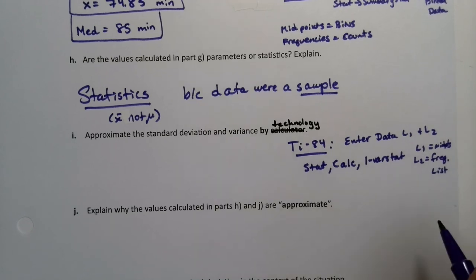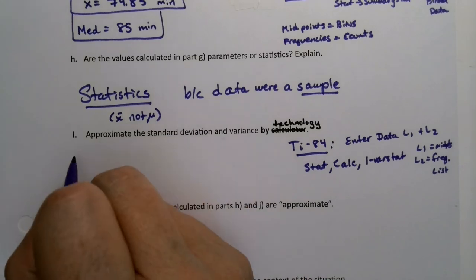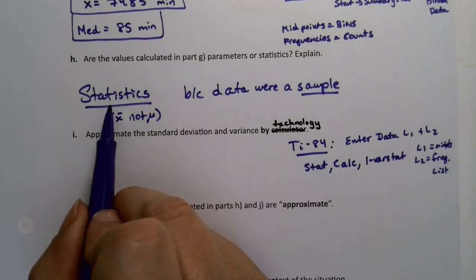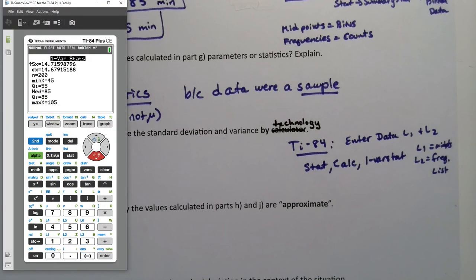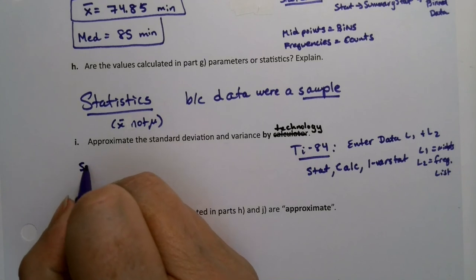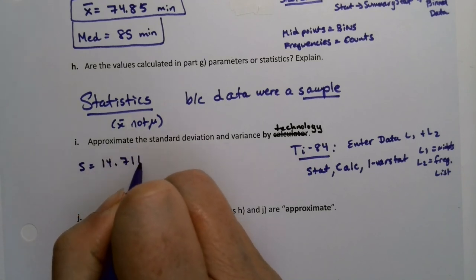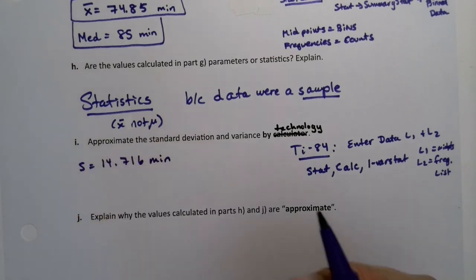And then away you have it, okay? So the standard deviation, well, we just said they were statistics. So when you want statistics, and we run all that one variable stat stuff, just like we said with our frequency list on, the calculator gives us S and sigma. We want S because this was a sample, right? So we want 14.716. And it would be minutes.